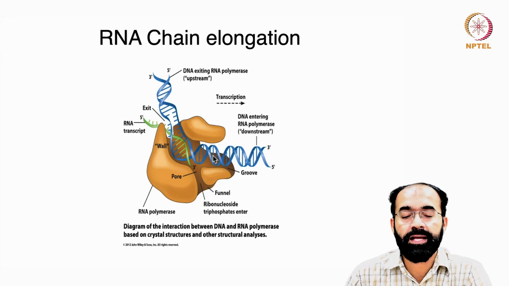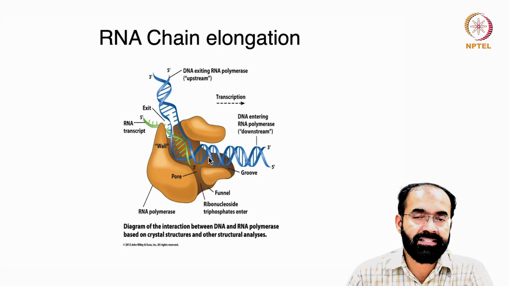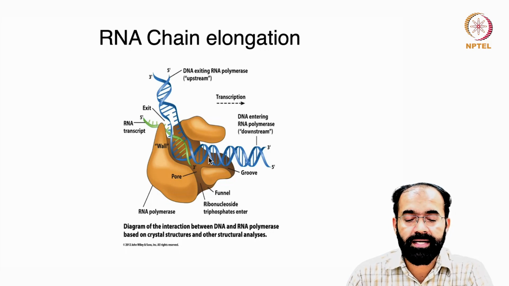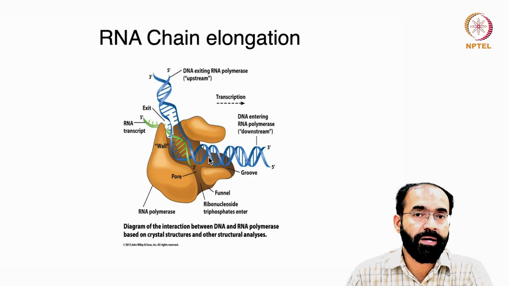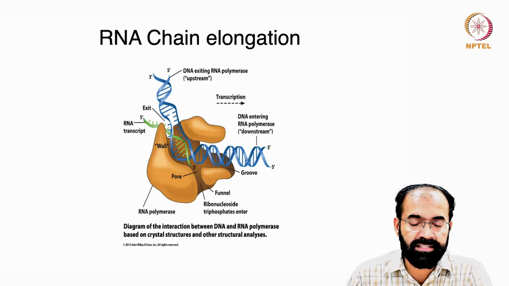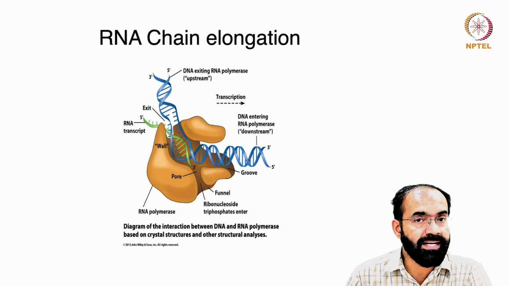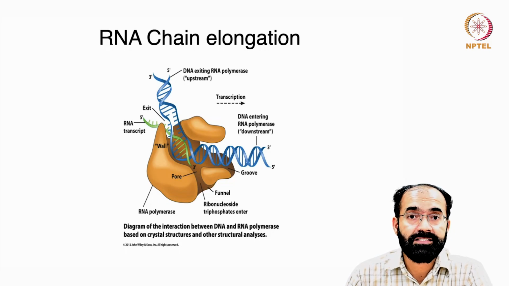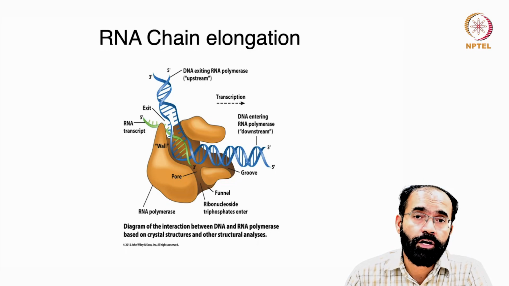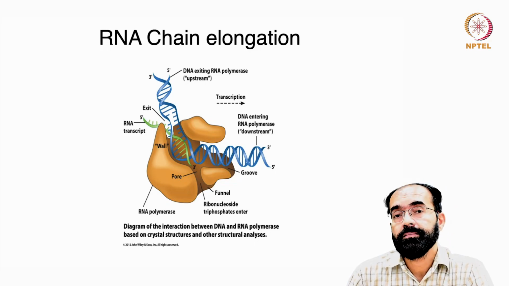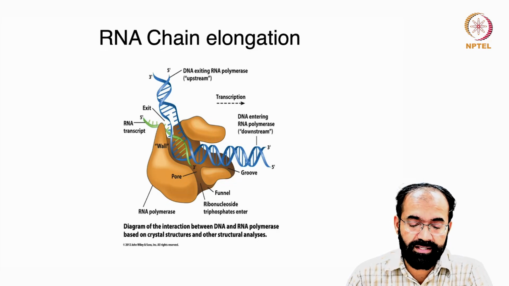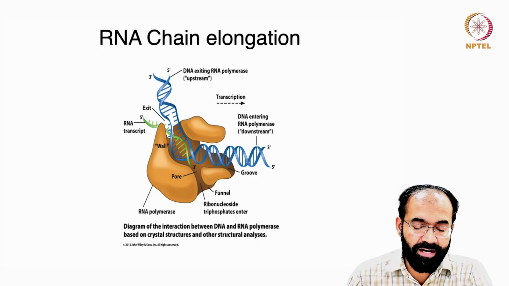And there is also a groove for the entry and exit of the DNA. So it has grooves for the DNA entry and exit, an opening for the RNA exit, and an entry for the raw material, the ribonucleoside triphosphate.